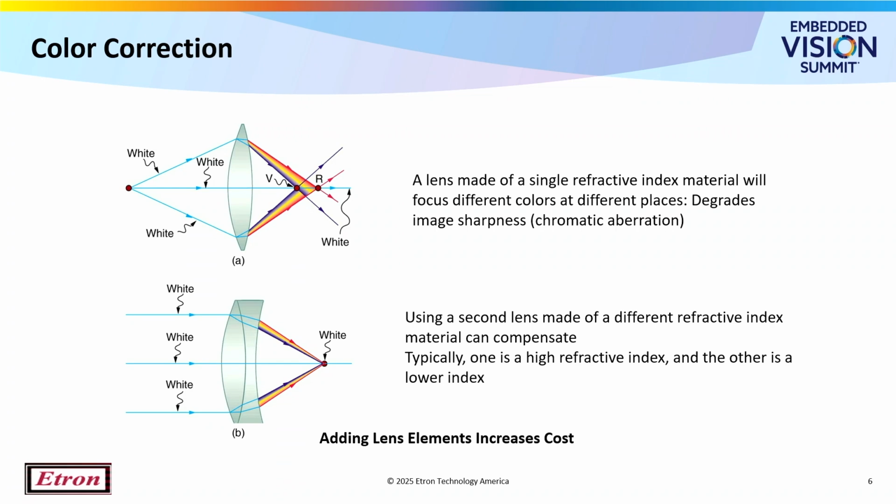And so it's common to see two different lenses being combined to make a single optic, one of them that uses a high index material and the other that uses a low index of refraction material so that all the colors focus on the same spot. So obviously having more figured surfaces and more lenses adds cost, but if you want to image in a broad spectrum like white light or color, RGB or whatever, then you're going to need to worry about that issue.